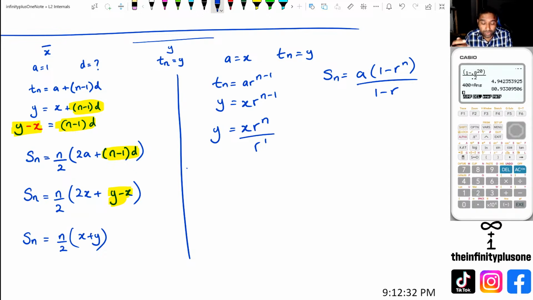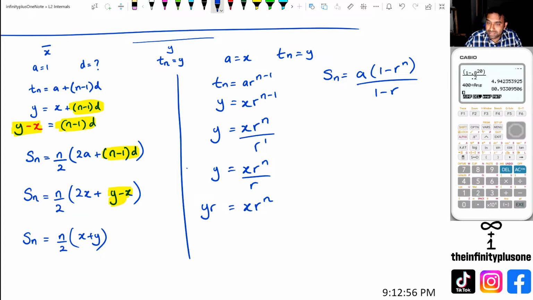So that's all we're doing here. Now r to the power of 1 is just r. I'm going to cross multiply this, which means I'm going to get yr equals x r to the n. Bear with me. So that's the first thing.